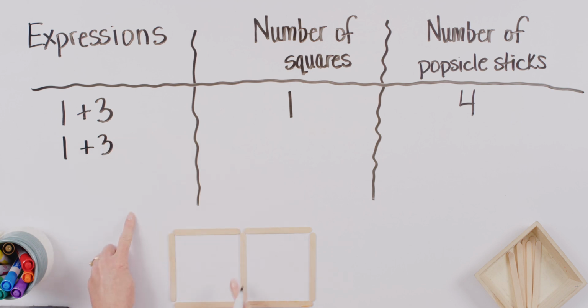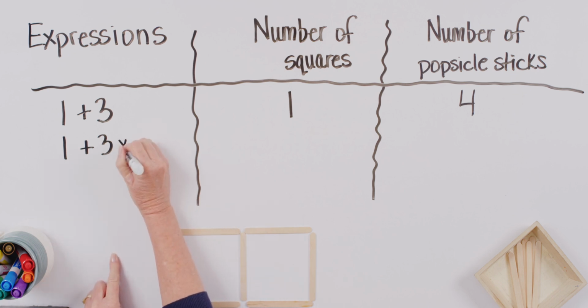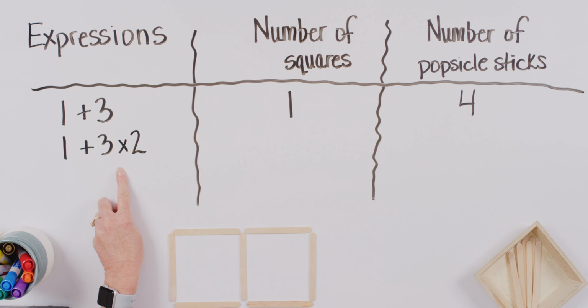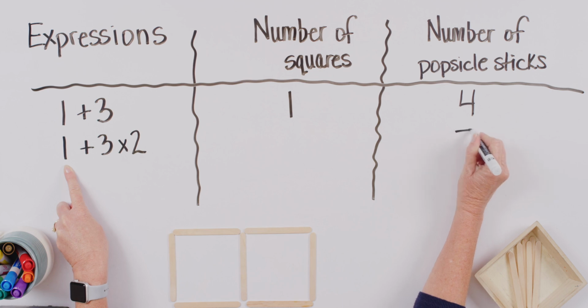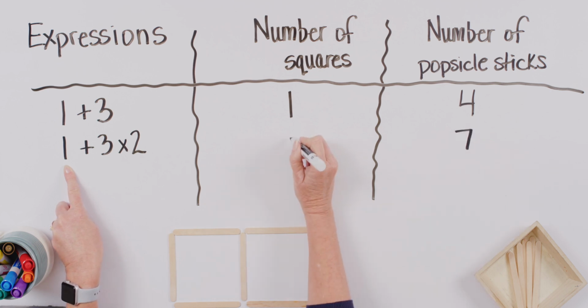I added my 3 for my initial square, but then I added 3 more. So I can multiply my 3 by 2, can't I? What's 3 times 2? 6. Add 1. 7. Do I have 7 popsicle sticks here? I certainly do.